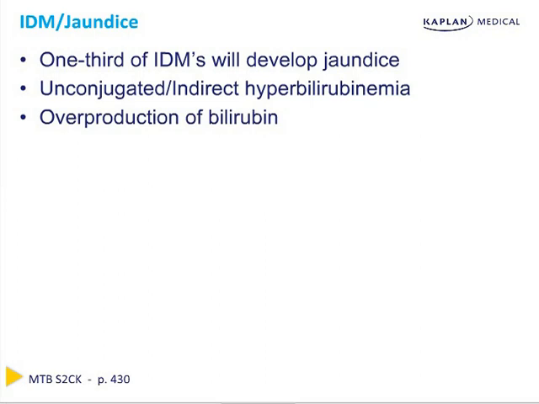That's because infants of diabetic mothers have multiple reasons why there would be an overproduction of bilirubin due to an increased breakdown of red blood cells. They tend to have hematomas. Like we said, the macrosomic kid is going to be more prone to trauma during the birthing process. And so resolving hematomas mean for a temporary period of time an increased breakdown of red blood cells.